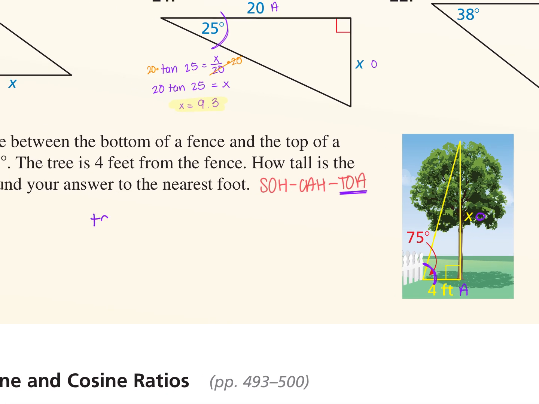So right now I'm going to have tan 75 equals x over 4, and I'm solving for x, so I'm going to multiply both sides by 4. I'm then going to have 4 tan 75 equals x. And solving, if you solved correctly, they said round to the nearest foot. So x equals 15 feet.